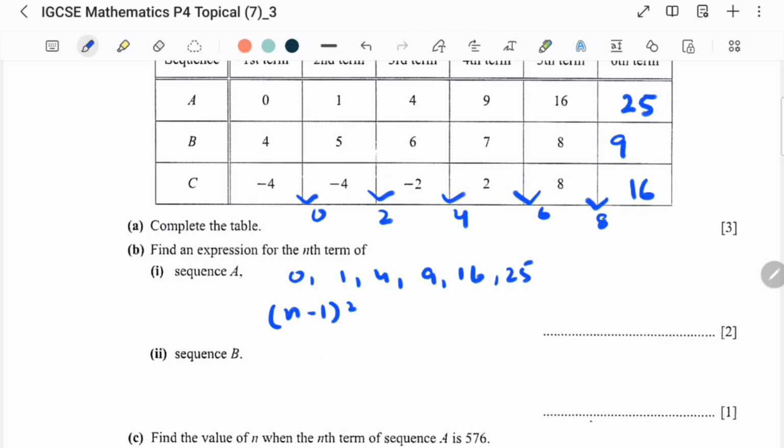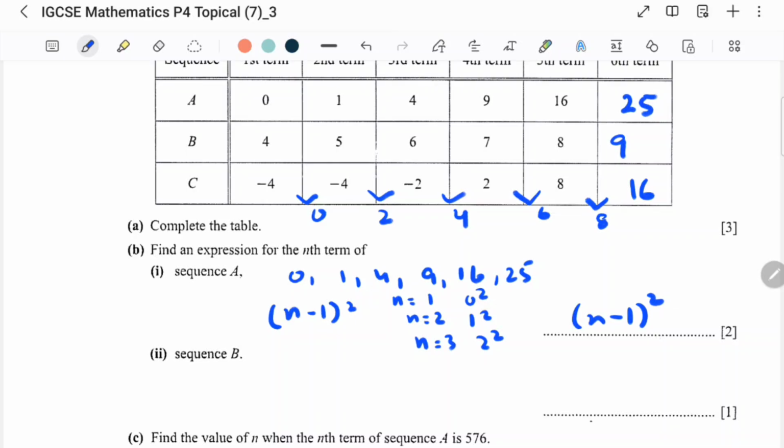When n is 2, it becomes 1 squared. When n is 3, it becomes 2 squared. So it means they're just doing 1 less. So that is n minus 1 whole squared.